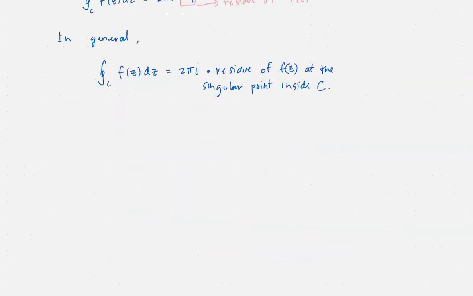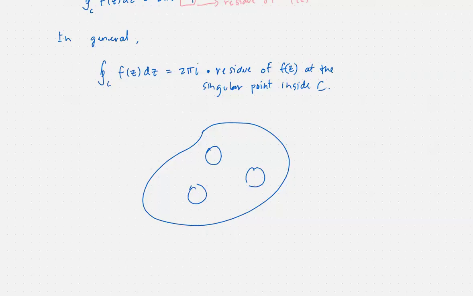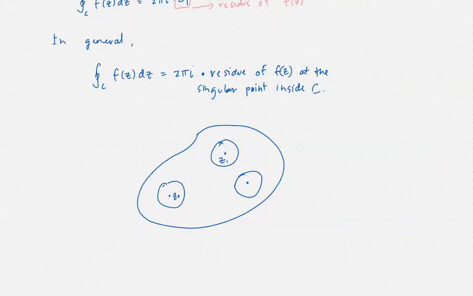So what if we have something like this, and we do have several singular points, right? Now let me fix that. Okay, so we have, let's say, z naught, we have C1, we have C2, and this is our C sub 0, C sub 1, C sub 2, and this is our general or the whole closed curve. So again, remember, this is a counterclockwise integration.